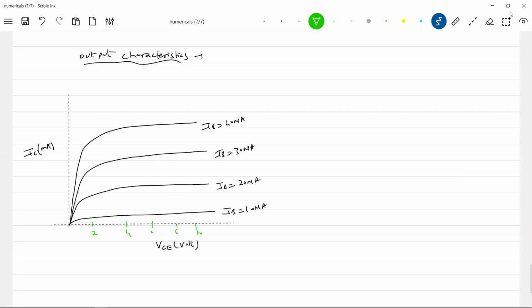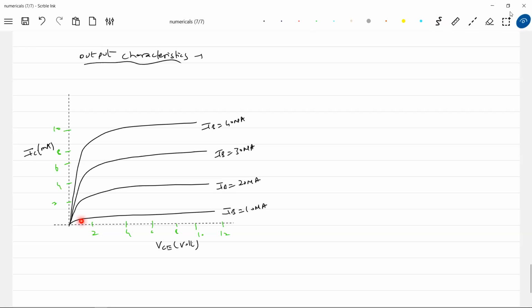Up to 20, because the usual breakdown voltages will be around 25 to 30 for an ordinary diode. So usually it is adjusted like 12, you can go up to 18. And the currents will be say 2, 4, 6, 8, and 10 milliampere.